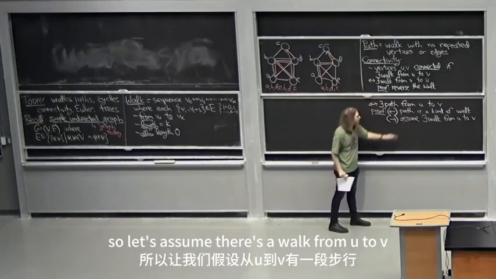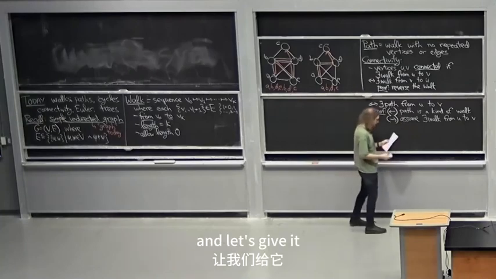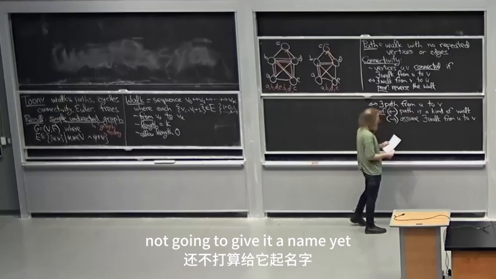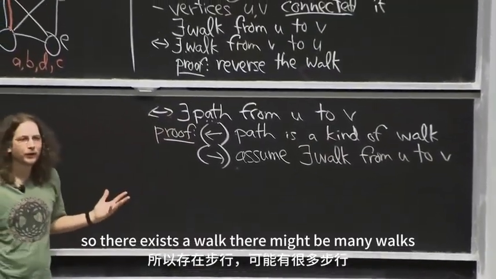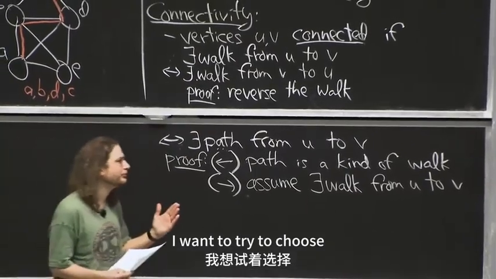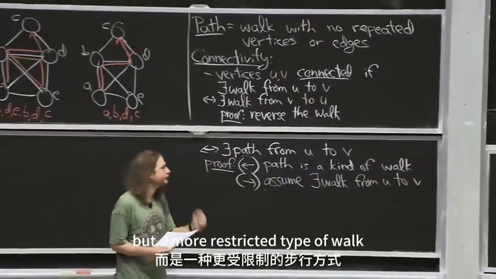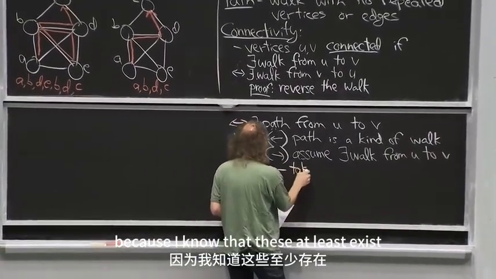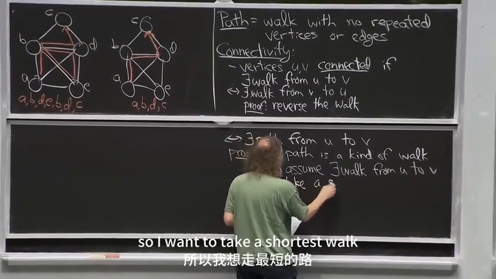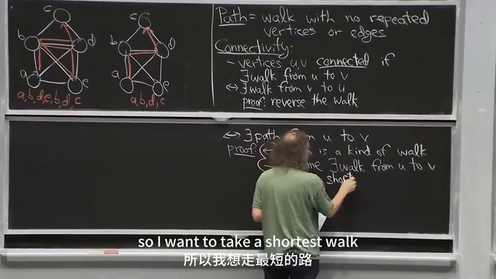So let's assume there's a walk from u to v. And I'm not going to give it a name yet. So there exists a walk. There might be many walks. I want to try to choose not necessarily a particular one, but a more restricted type of walk that's possible because I know that these at least exist. So I want to take a shortest walk.